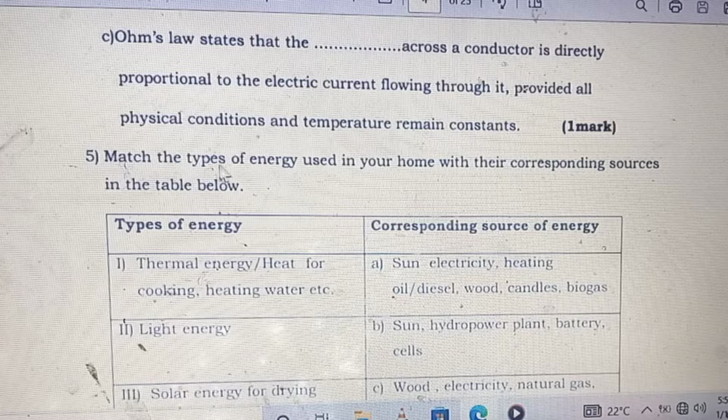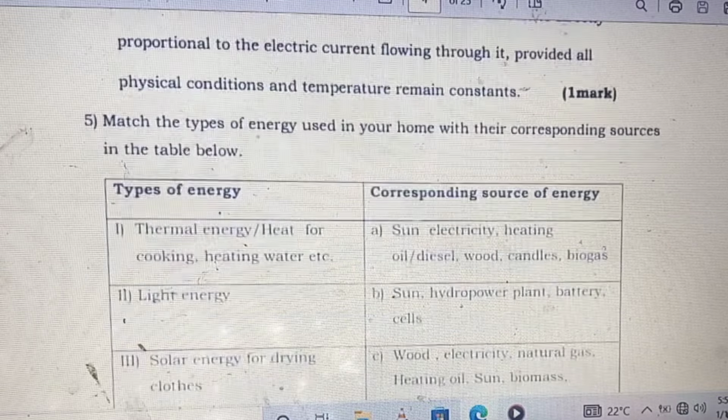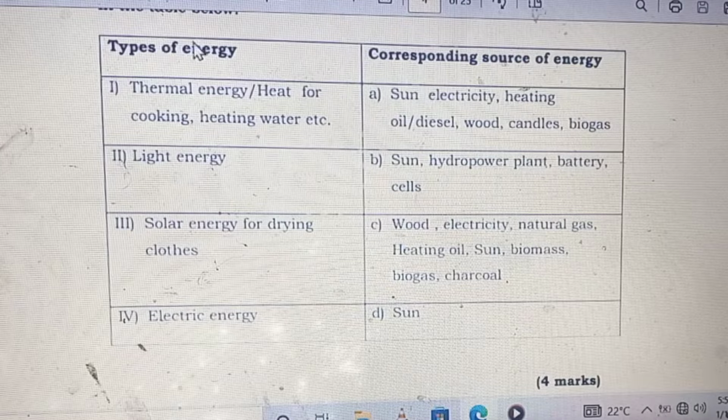Question 5. Match the types of energy used in your home with their corresponding source in the table below. We have types of energy and corresponding sources of energy. I. Thermal energy or heat for cooking, heating water, etc. Match to the correct answer, C. Wood, electricity, natural gas, heating oil, sun, biomass, biogas, and charcoal.